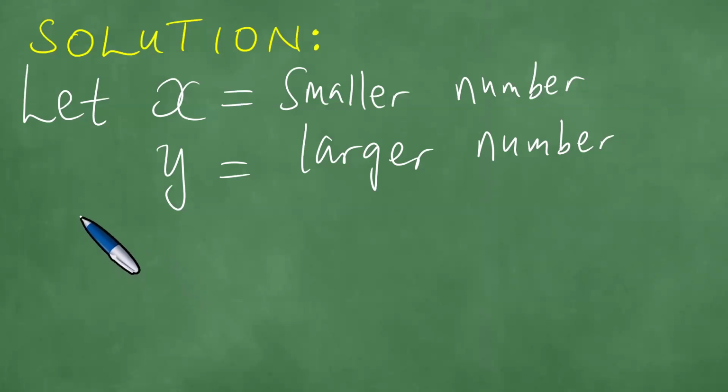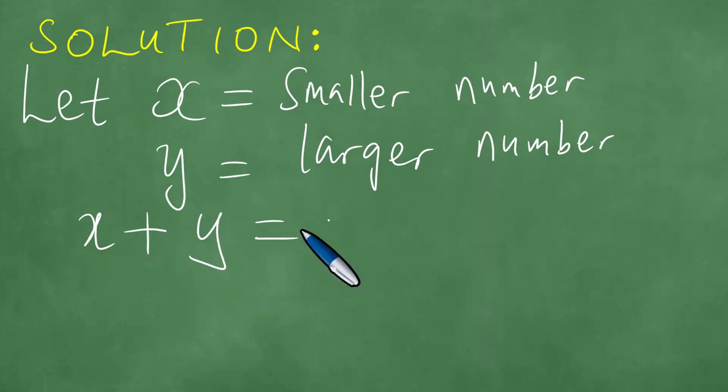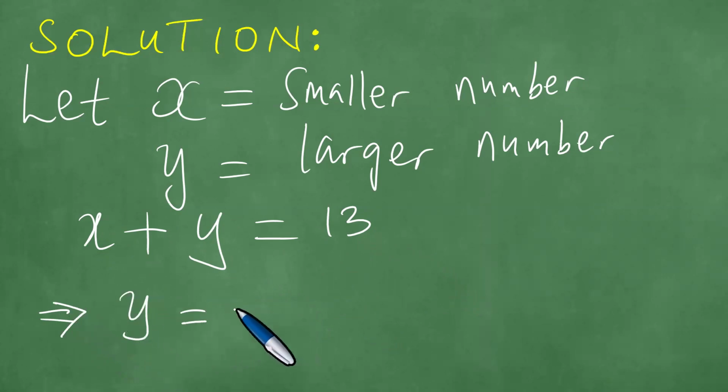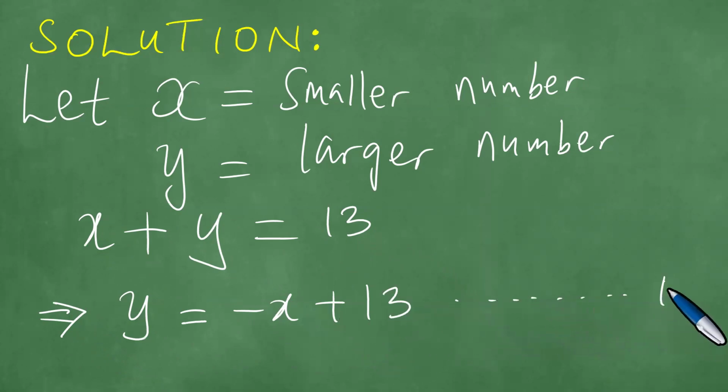And we're able to see that the sum of these two numbers here is 13, and this gives us one equation. Right, and this equation can be transformed, and we can write this equation as y equals minus x plus 13. Let us call this one here equation 1, the first equation.